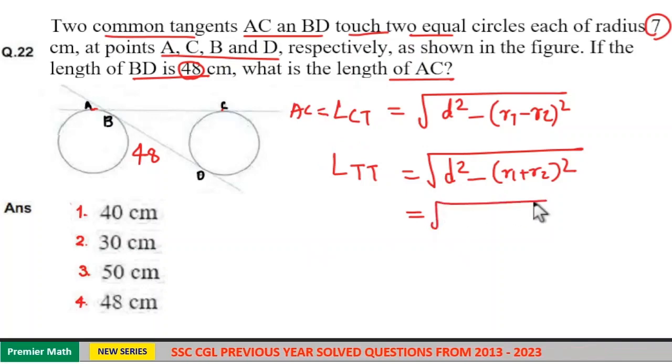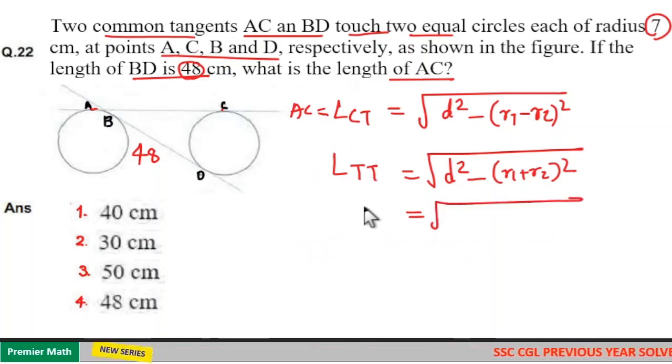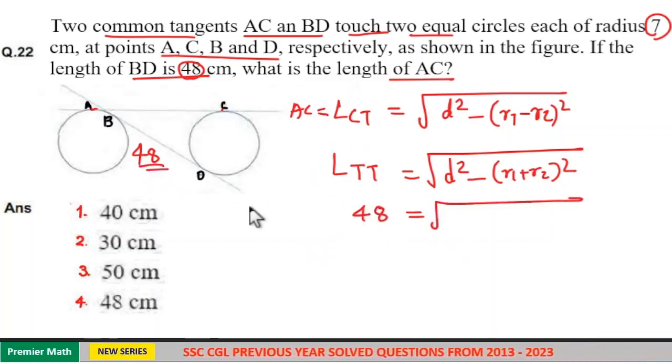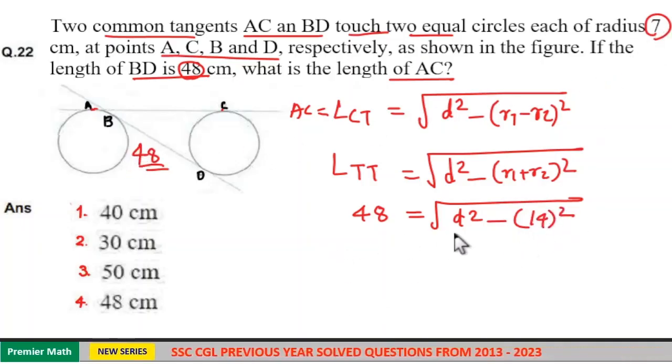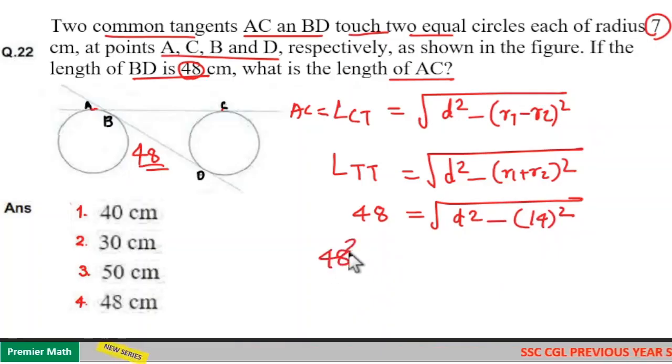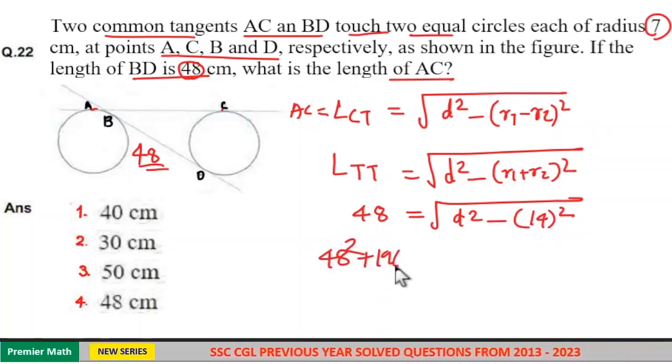Now the length of transverse tangent is equal to 48 cm, D square we don't know, and we have R1 plus R2. Both circles have the same radius, so 7 plus 7, 14 square. Now square both the sides. 48 square plus 196, 14 square is 196, which is equal to D square.